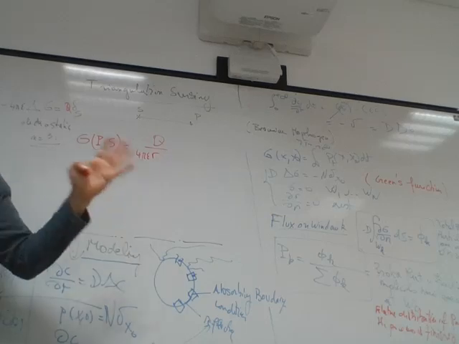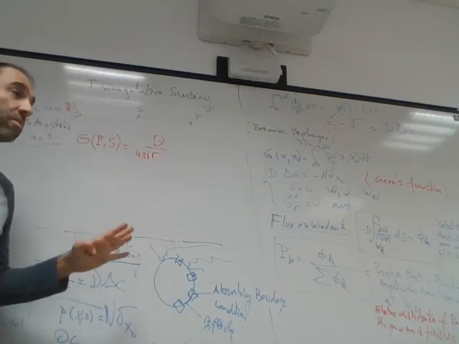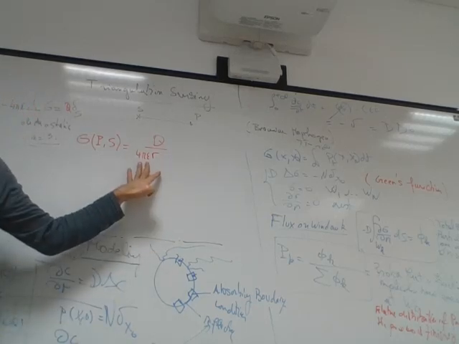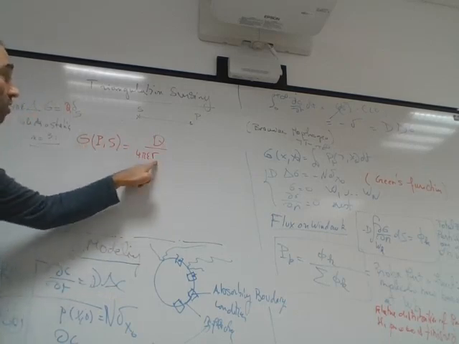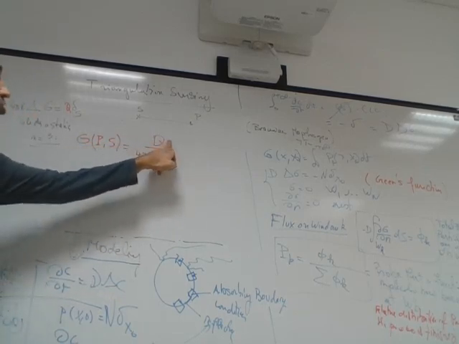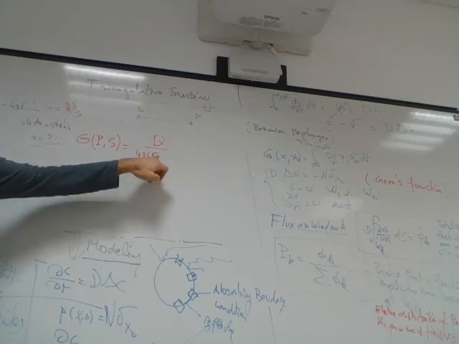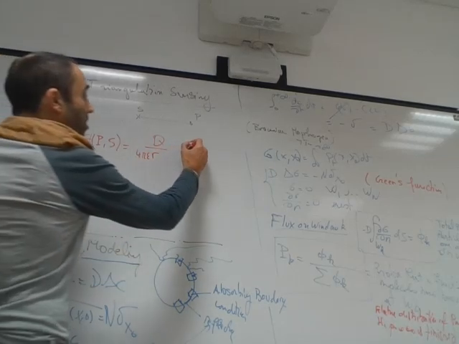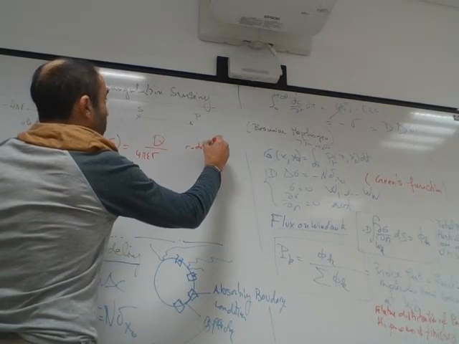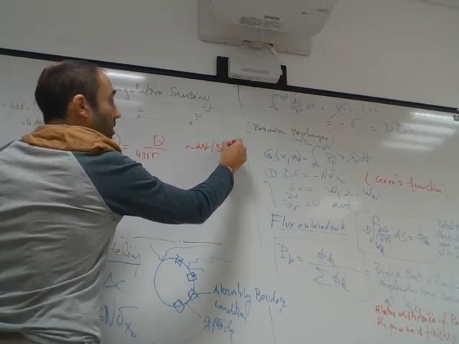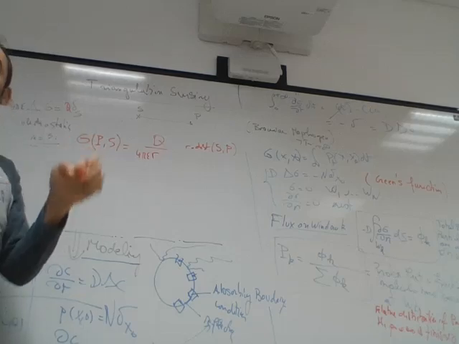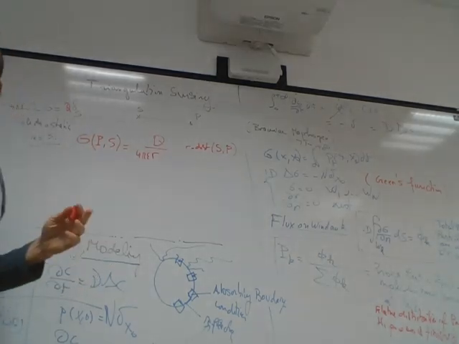This is elementary physics. This is the potential generated by charge Q with the electric constant epsilon, and R is simply the distance between S and P. That's the radial distance.